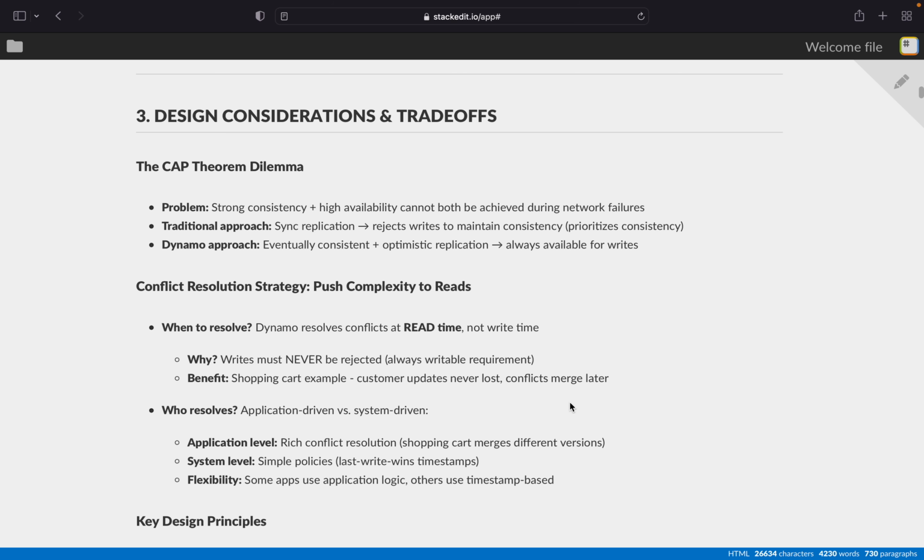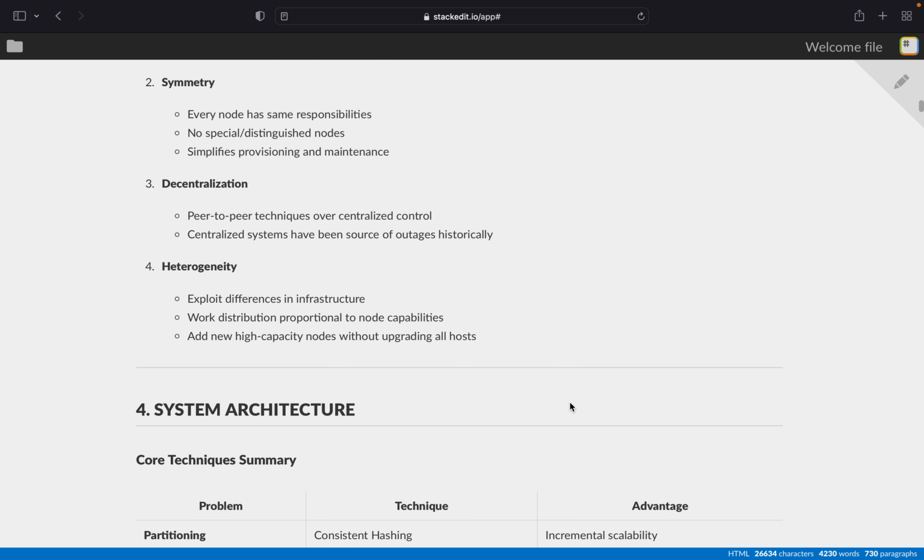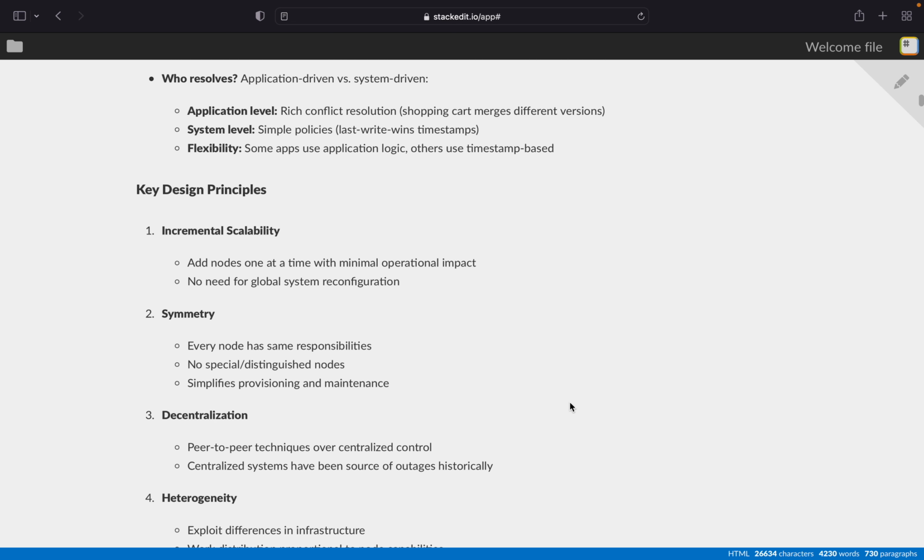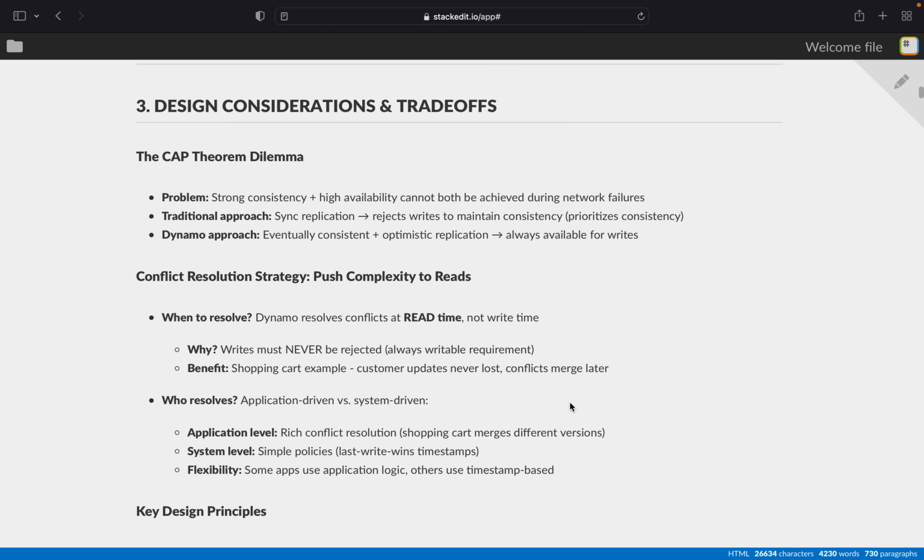Now let's talk about the design considerations and trade-offs. The first thing it talks about is that consistency, availability, and fault tolerance cannot be achieved at the same time.